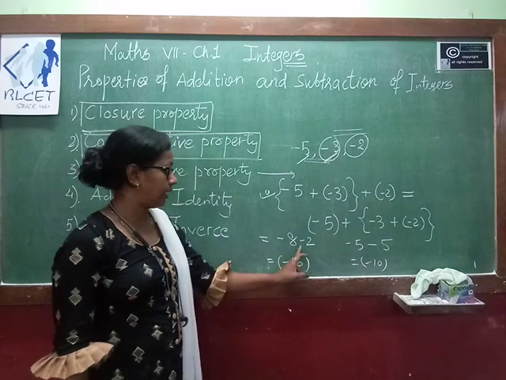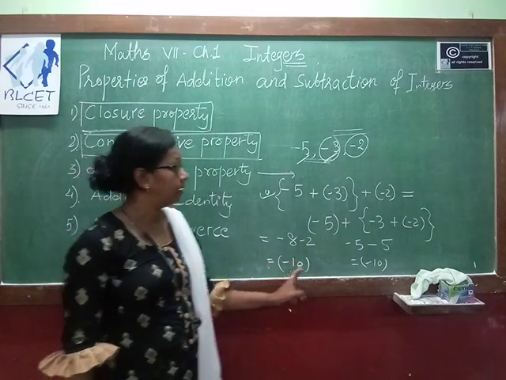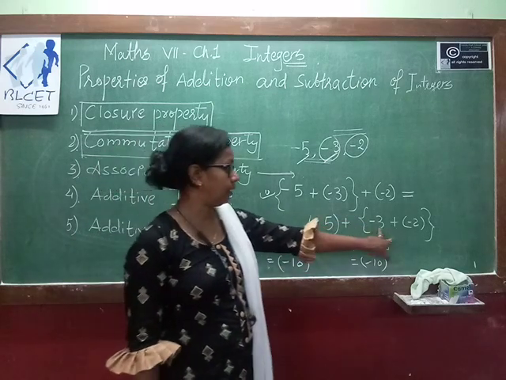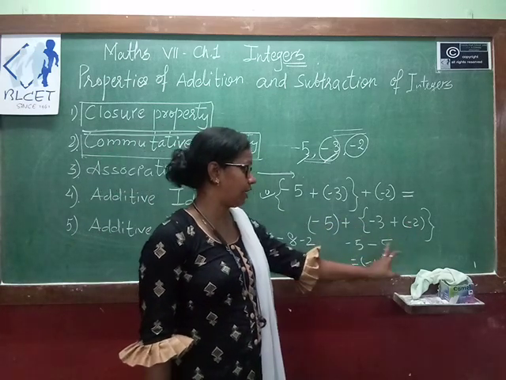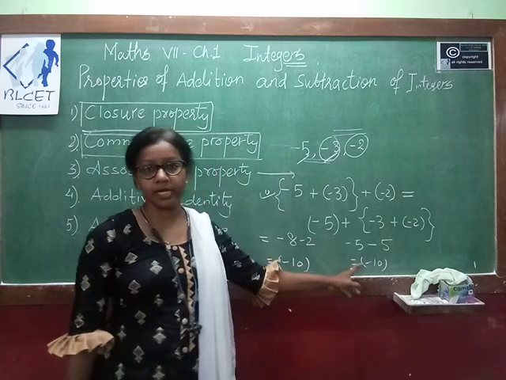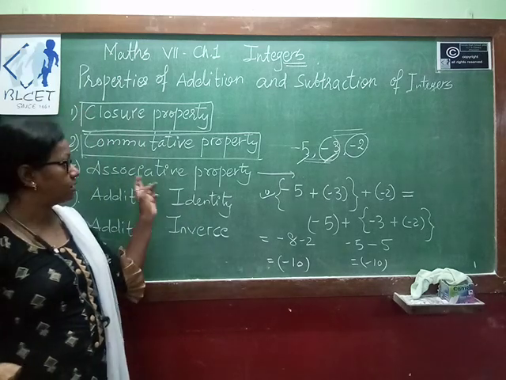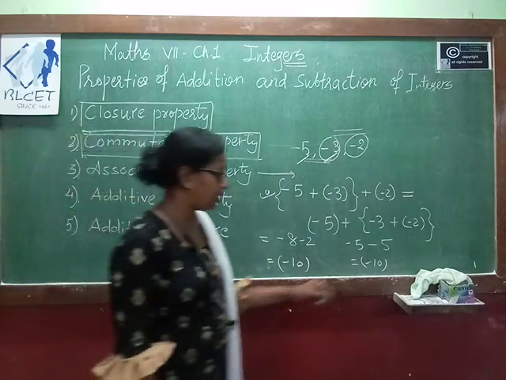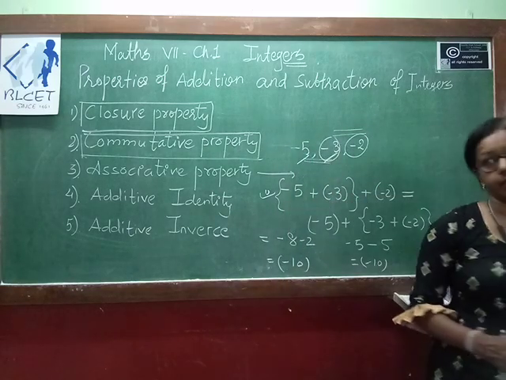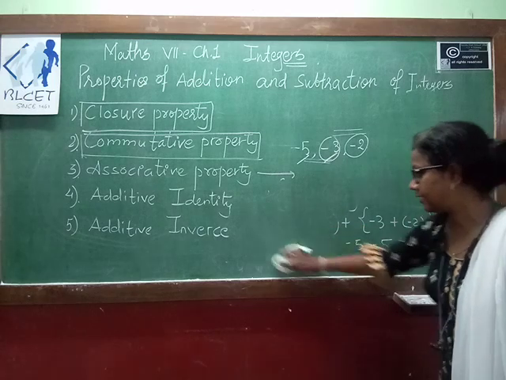Then minus 8 minus 2 gives minus 10. Next I grouped the last 2 numbers: minus 3 minus 2 is minus 5. Adding minus 5, you get minus 10. Both ways you are getting the same answer. So the associative property holds under addition of integers. In general, how will you write this? Let's see.